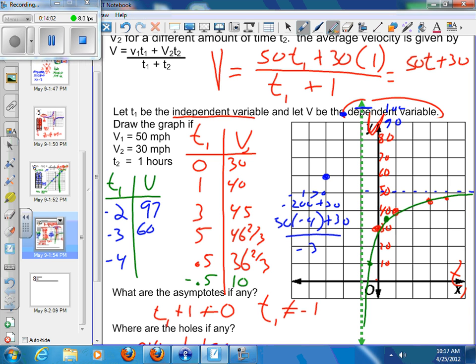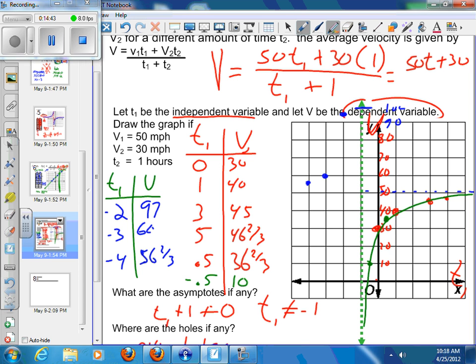Negative 170 divided by negative 3 is, sorry, it'd be 56 2/3. So 56 2/3. Get that one plotted in there. I'll just erase my point and put my point back. So at negative 3, I am at 60, and at negative 4, I am at 56.